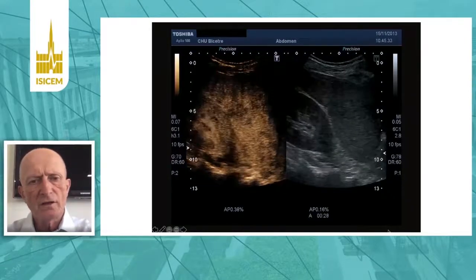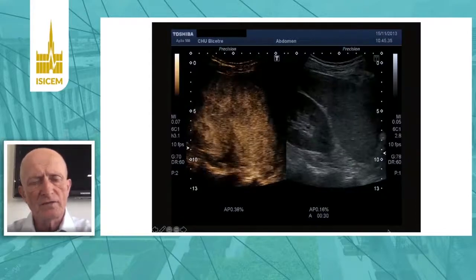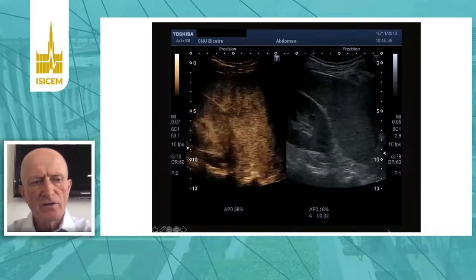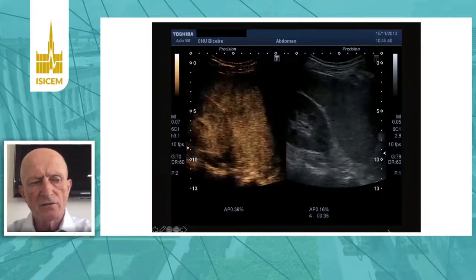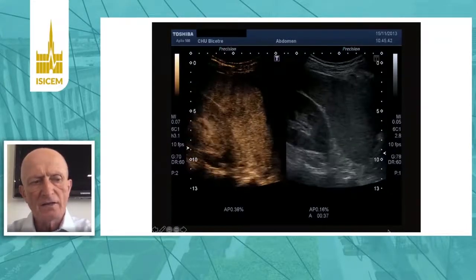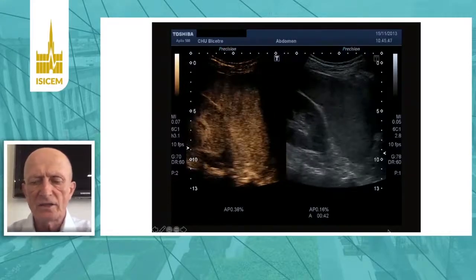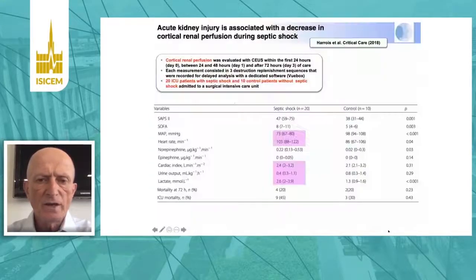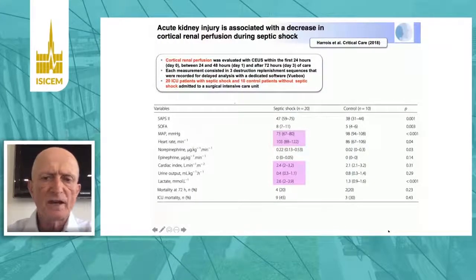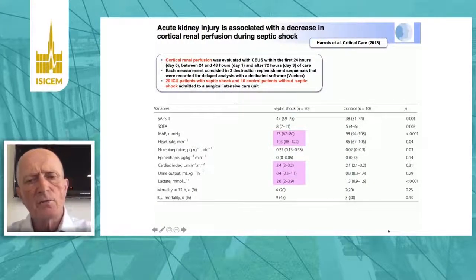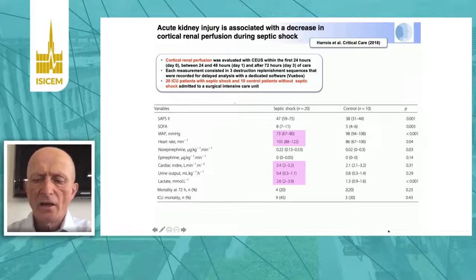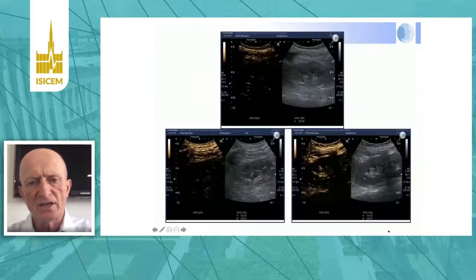To look at microcirculation, we used the contrast enhanced ultrasound technique at D0, D1, and D3 after admission in ICU. What we observe is that despite the fact that we restore hemodynamics in these septic patients, we observe very different profiles of cortical microcirculation.